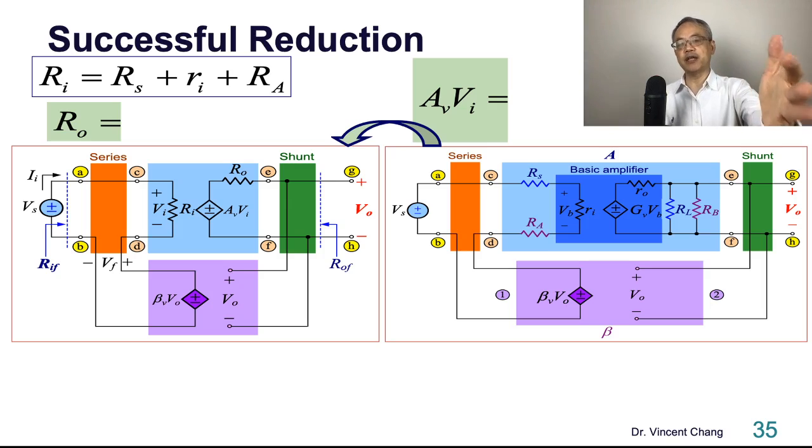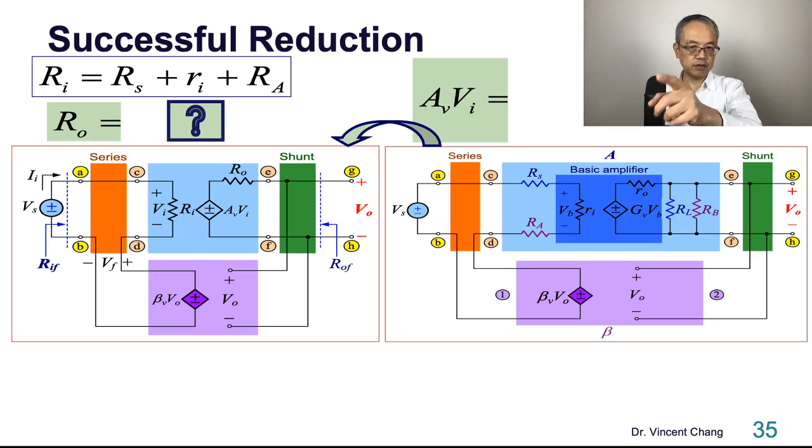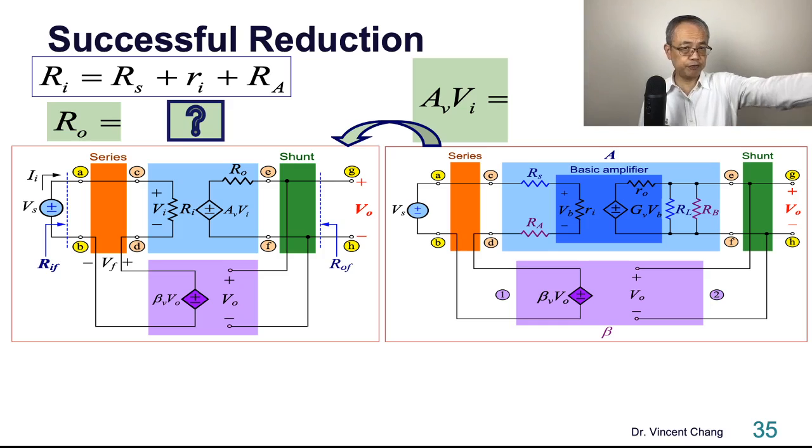Give you some time to digest. Let's pause. I think two minutes is good enough for you. Figure out what is capital R here in terms of the original parameters on the practical series feedback amplifier on the right. How to represent the AV on the left in terms of the parameters on the right.